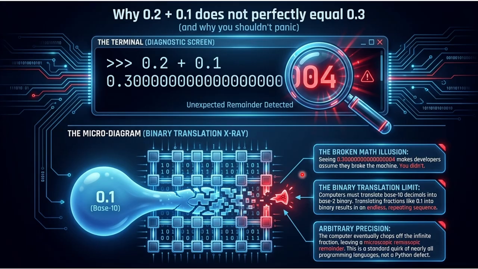And here is the example which I told you: on the terminal you type 0.1 plus 0.2 and you will get many decimal places, and after that you will get a 4. Why? Because the computer translates base 10 decimal into binary base 2, so you end up having these many decimal places.